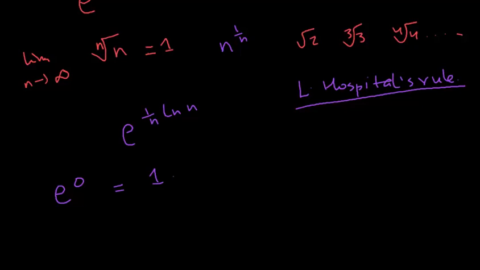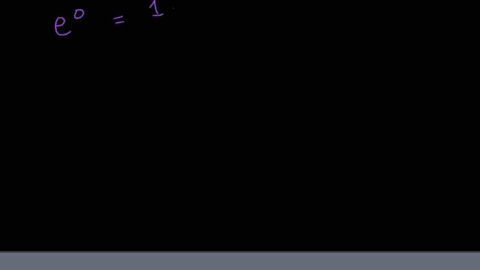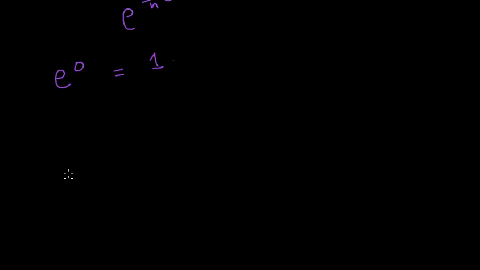So this limit tends to e to the power 0, and e to the power 0 is 1. Let me do one more example here. Since I'm running out of space, I'll be able to do only one more. The nth root of n to the power of a, where a is some constant. And this also tends to 1. How? Well, I'll show you.